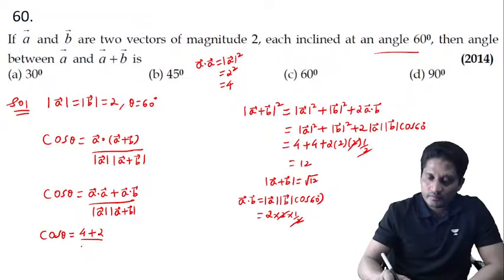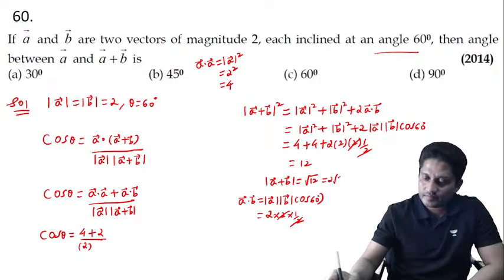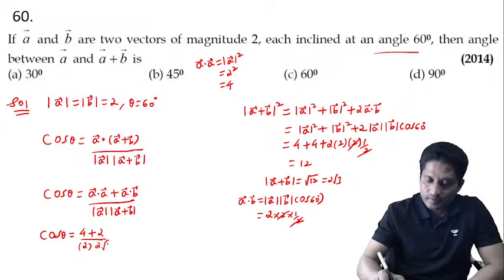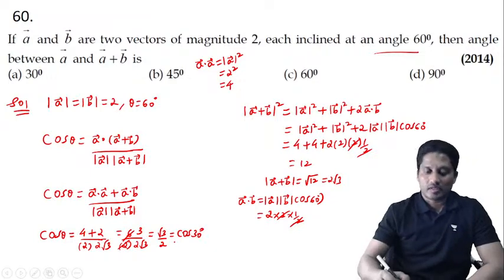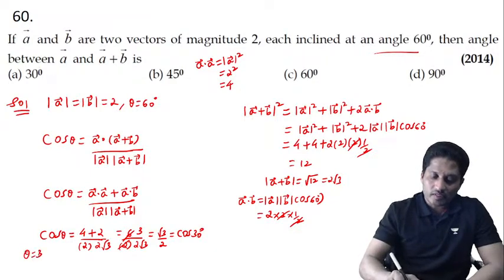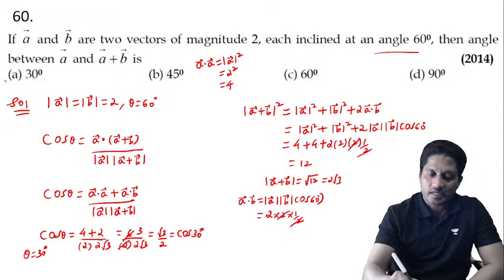Modulus of A is equal to 2. And mod of A plus B is equal to root 12. Root 12 can be written as 2 root 3. So 6 divided by 2 into 2 root 3. This will cancel 3 times. 3 by root 3 is root 3. So this is root 3 by 2. Root 3 by 2 can be written as cos 30. Cos 30 is root 3 by 2. So theta should be equal to 30 degrees. Good question. Answer is option A.